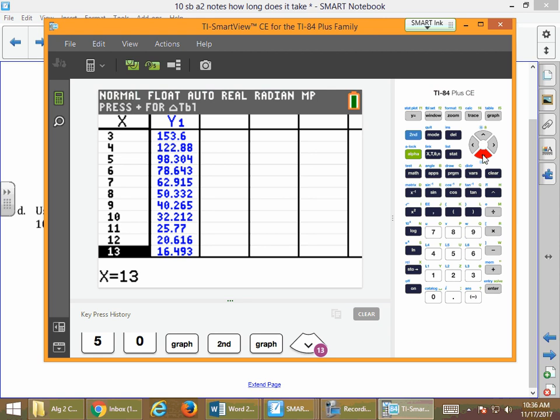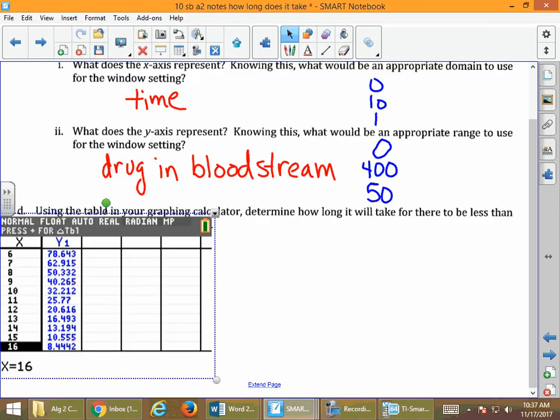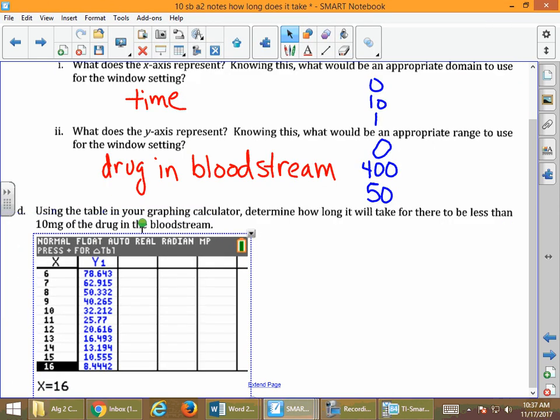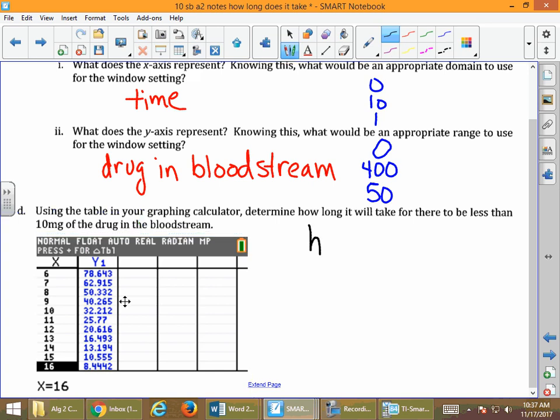So at hour 13, we've got 16 milligrams. Hour 14, 13. There's 10. So where is it less? It looks like down here at hour 16 is less than 10. So it's going to take 16 hours for it to be less than 10.